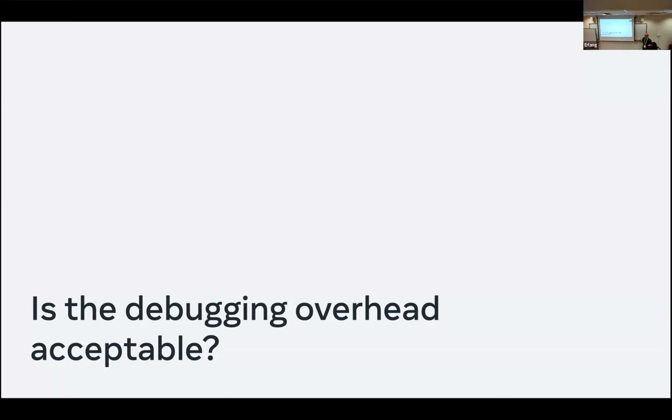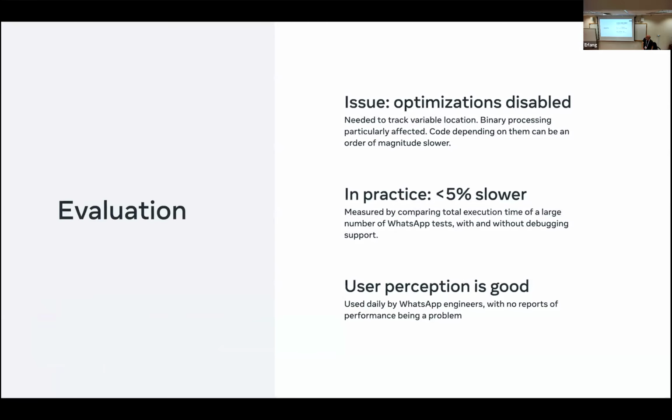And the question is, is it good enough? Like, will everything crawl to a halt? Of course, if you do a benchmark on code that does a lot of binary processing, the numbers are going to be terrible, but this is expected, because that's why the optimizations were introduced in the first place.